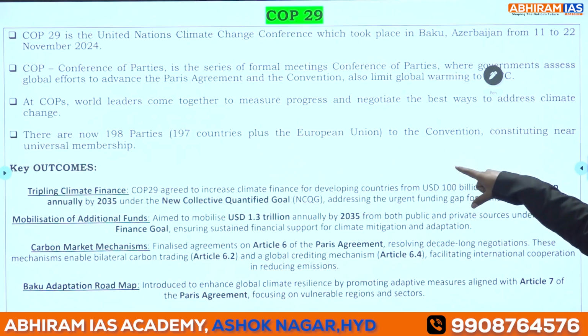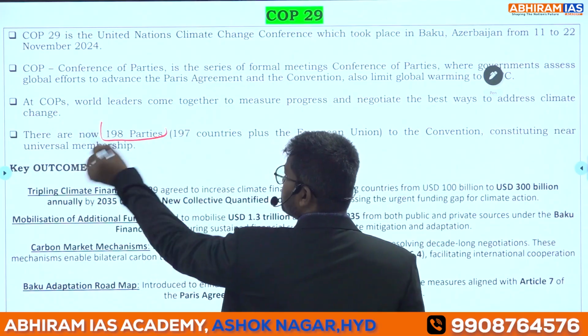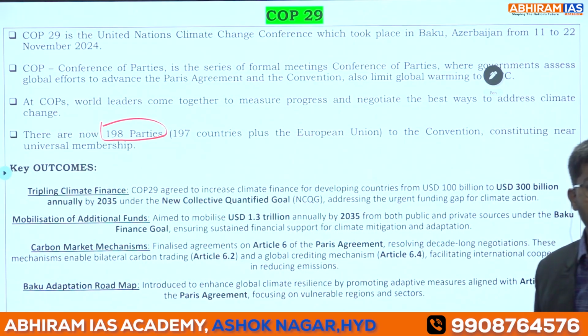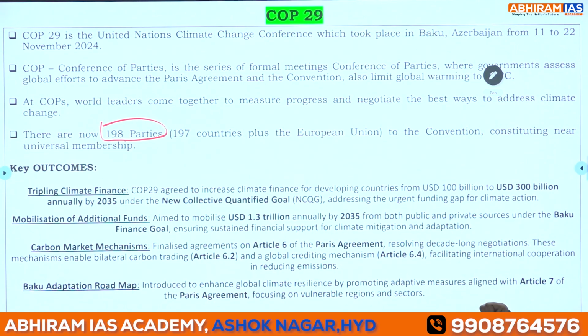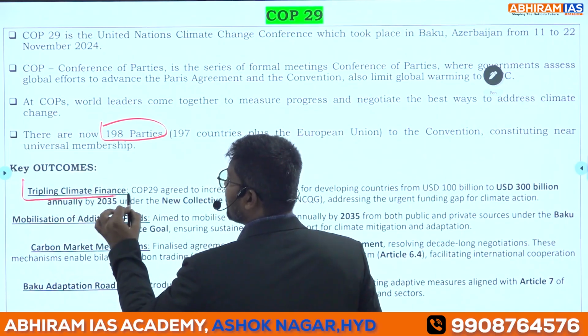Okay, conference of parties. How many parties are there now? 198 parties, and the European Union is also one of the members. What are the key outcomes of this conference? It talks about tripling climate finance.